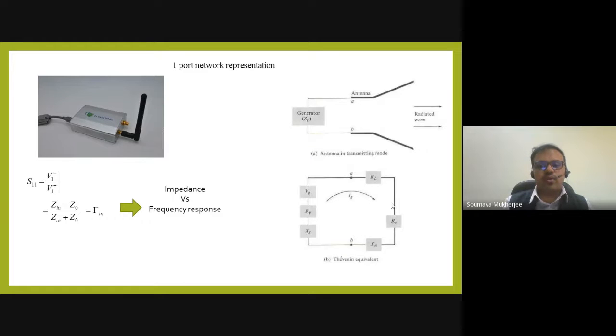And what we typically define when we measure the antenna is that this impedance information will be represented in terms of the impedance versus frequency response. Since Zin is a function of frequency, its value will change at different frequencies.